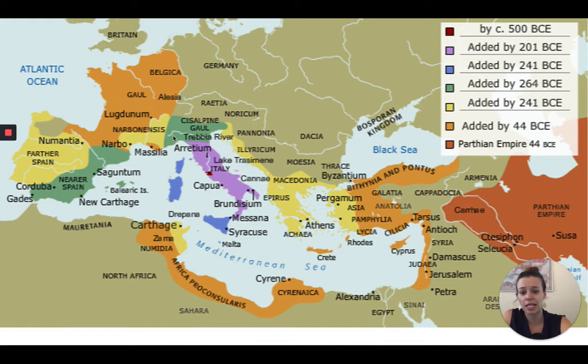Then they get some islands: Sicily, Sardinia, Corsica, then essentially what's modern day Switzerland and southern Spain, so they get the western Mediterranean. Then you have the Punic Wars, they get Gaul, they get North Africa, they get Carthage, then the Greek islands, the Hellenistic kingdoms. They conquered a lot of people really quickly.